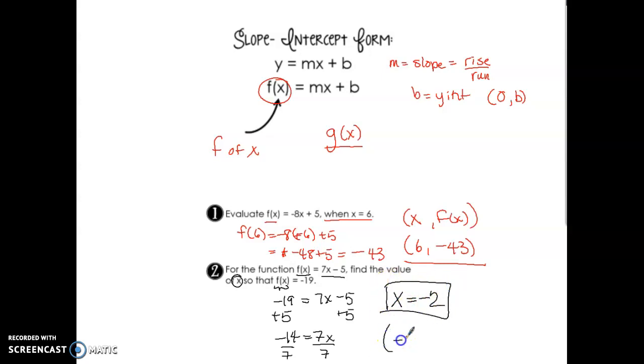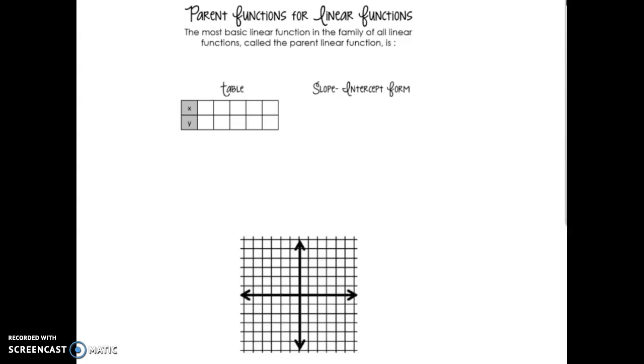That means when x is negative 2, y, or f of x, was negative 19. These are points, x and f of x, the input and the output. So you're finding the point, f of x. So there's lines, and the basic line for all linear functions is f of x equaling x.